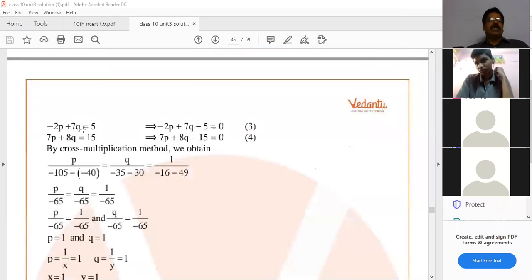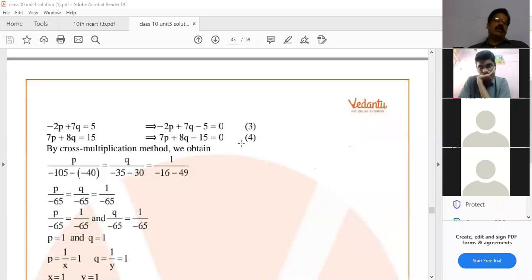Minus 2p plus 7q, that's why he changed it: q came first, but you want to get p and then q. So minus 2p plus 7q equal to 5, minus 2p plus 7q minus 5 equal to 0, 7p plus 8q equal to 15, 7p plus 8q minus 15 equal to 0. That's why he did one sum with elimination and one with cross multiplication.